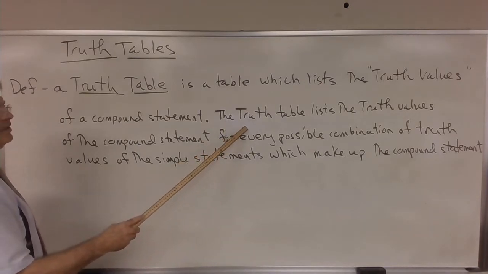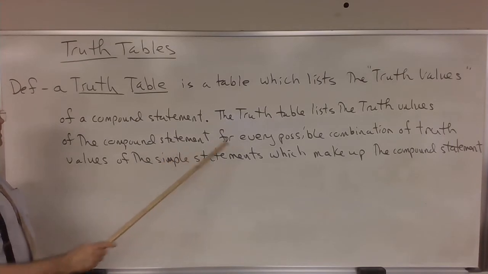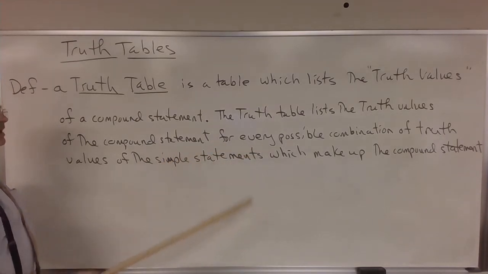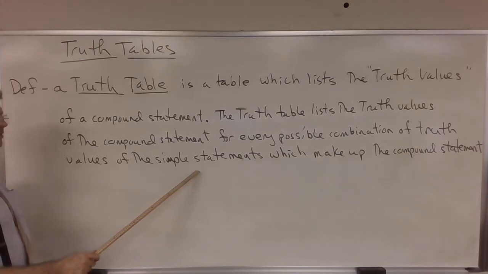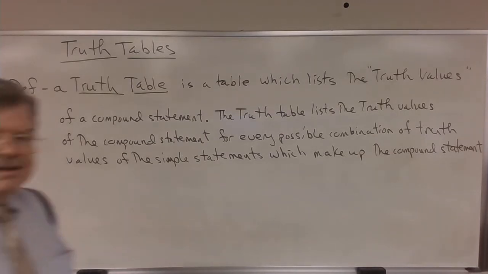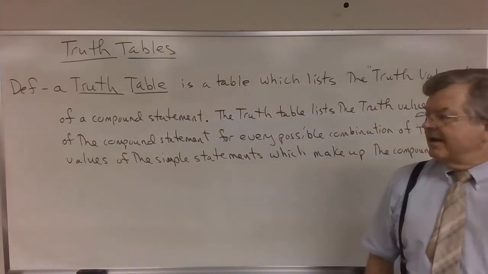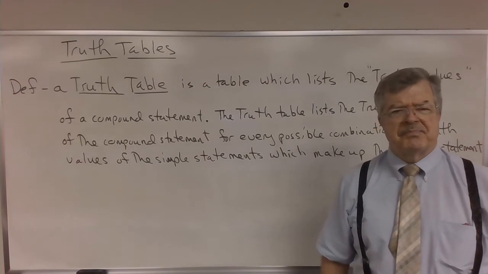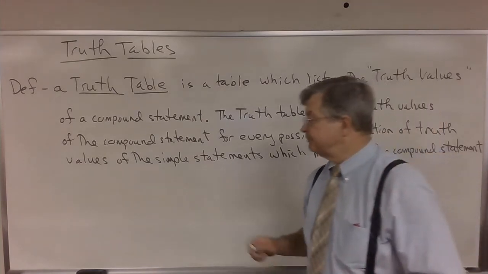The truth table lists the truth values of the compound statement for every possible combination of truth values of the simple statements which make up the compound statement. That's a lot to swallow at one time. To illustrate, let me give an example.